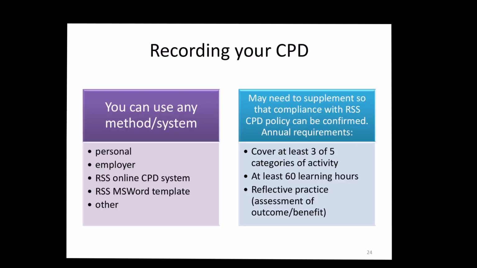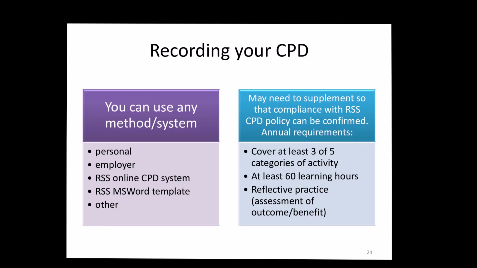Slide 24 is intended to do 2 things. Emphasize that the Society is quite happy for you to record your CPD in whatever way is most convenient for you, and to point out the requirements of the CPD policy of the Society. So you'll see in the left-hand panel that two RSS recommended formats are suggested.